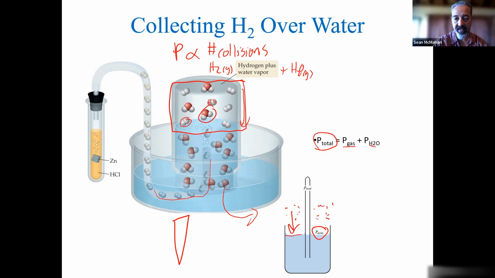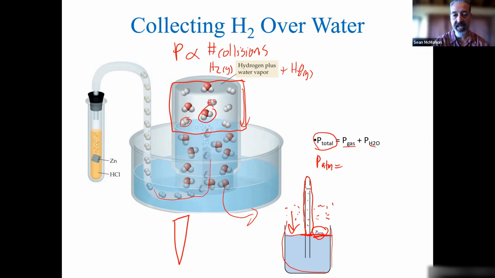And then there are gases inside the eudiometer. If we level out the liquid in the eudiometer with the liquid in the pool, then the total pressure inside the eudiometer, because it's at an equal height with the outside water level, is atmospheric pressure.